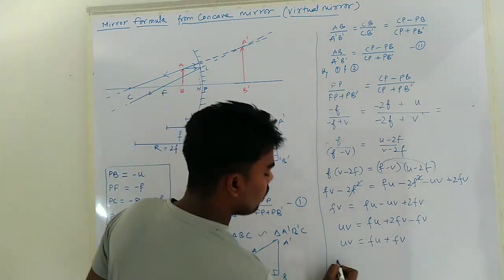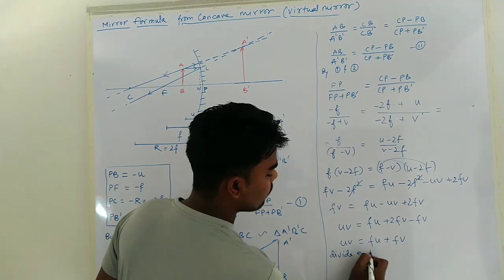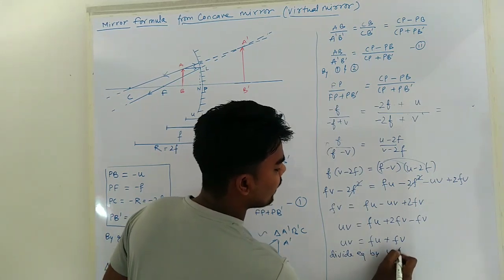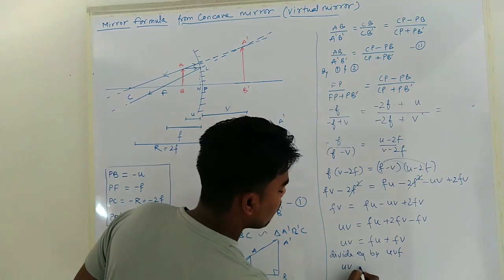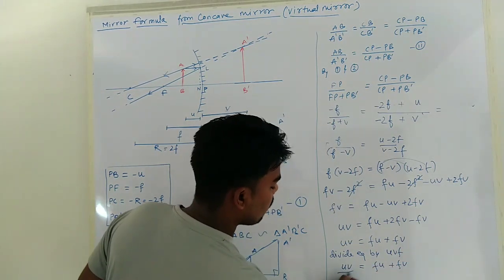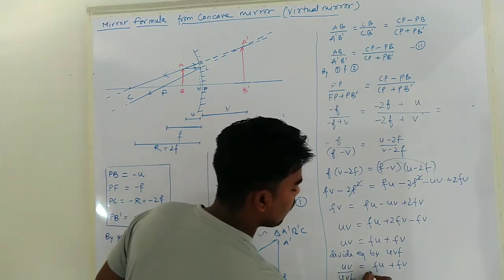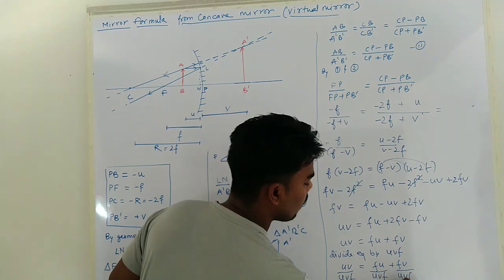Okay, now divide the whole equation by U, V and F. If you divide all of them, UV plus FU plus FV, by UVF.